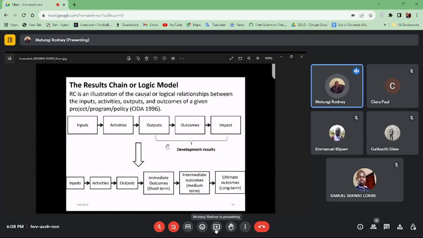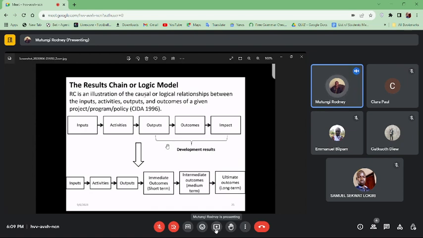This basically shouldn't put you under a lot of pressure, and you shouldn't be worried about all these diagrams. It is generally to show us how our program is crafted or how our program components flow. So we have the inputs, what you're going to use to create the activities in a program. For example, if it is nutrition and you're going to do health education talks, then educating people about good nutrition will be the activity.